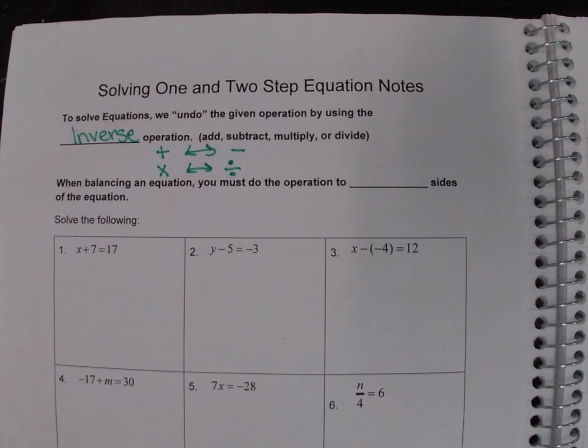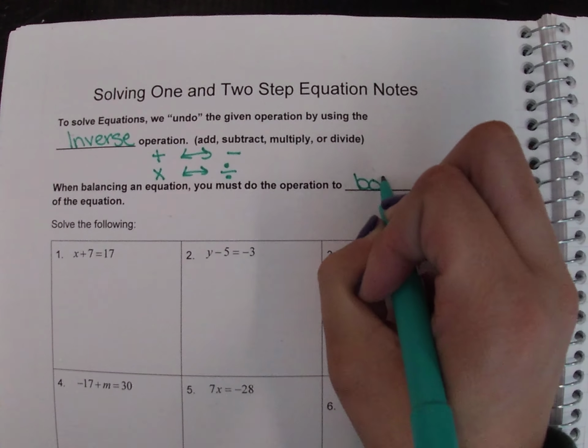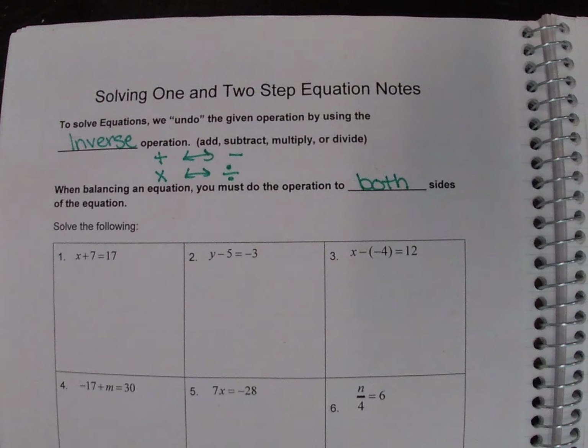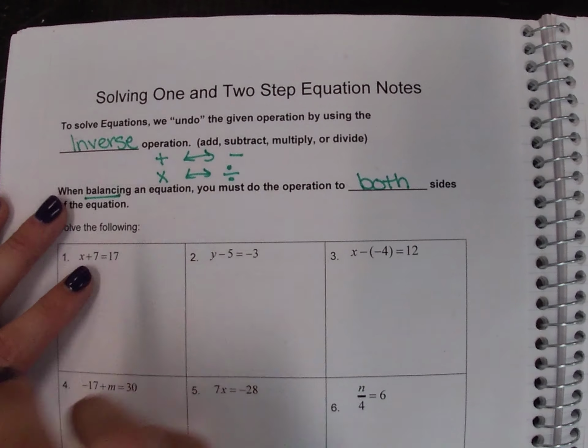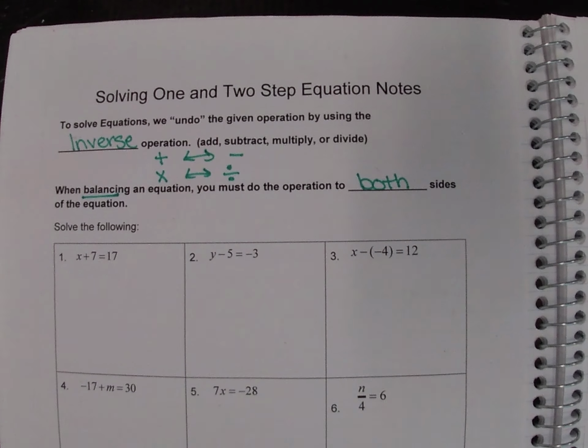So when we are balancing an equation, or when we're trying to solve an equation, we are going to do the operation, whatever it is that we decide to do, to both sides of the equal sign. Our whole entire point is that we want to balance it. So whatever we do to the right, we have to do the exact same thing to the left.